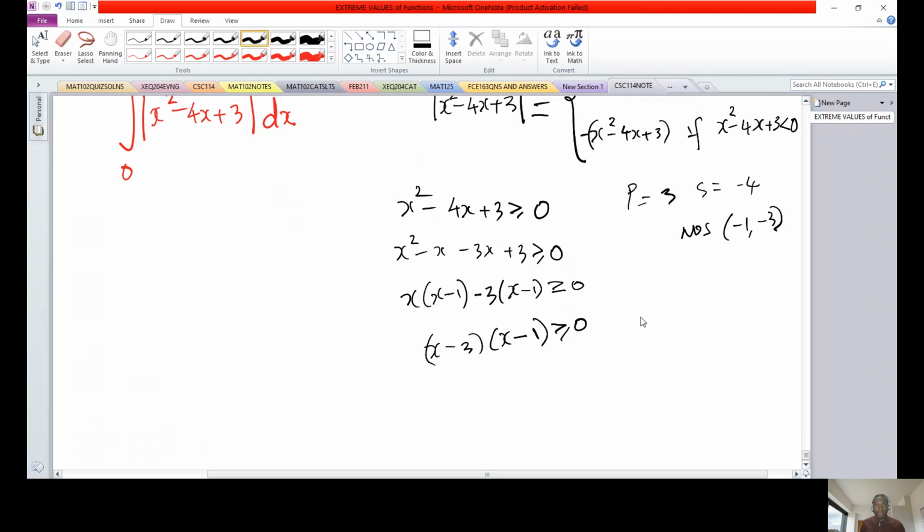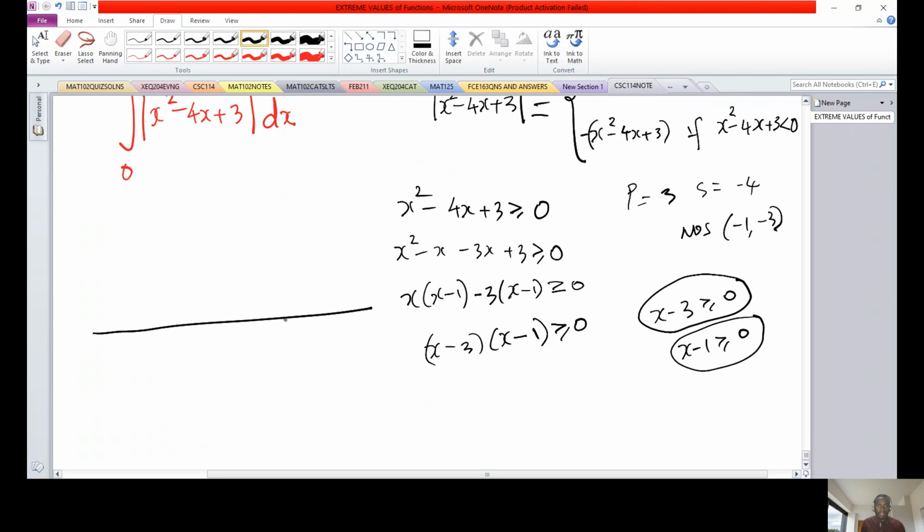I have to be careful here. So this one means x minus 3 greater than or equal to 0, x minus 1 greater than or equal to 0. From this one you get 1, from this one you get 3. So therefore now you come and write, we have from 0 to 5.